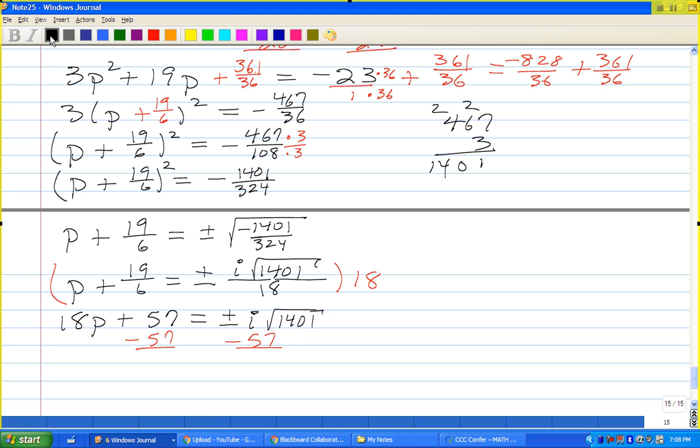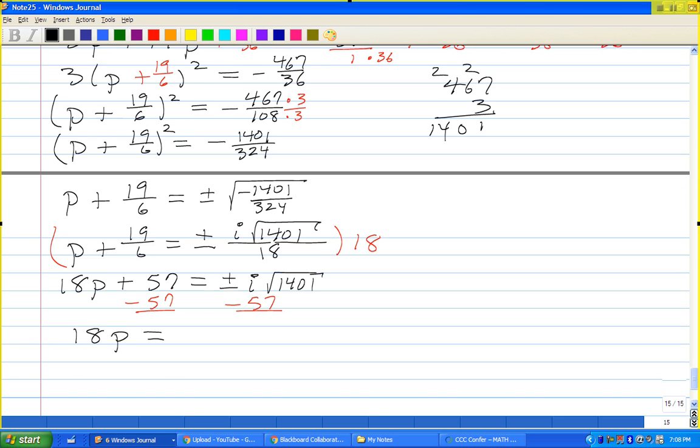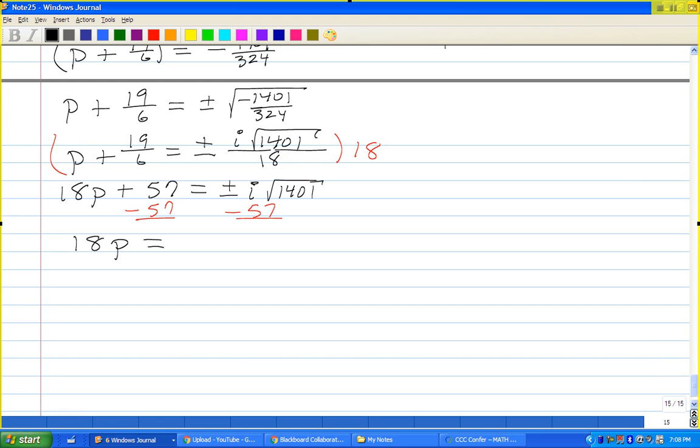So I get that 18p is equal to negative 57 plus or minus i rad 1401.